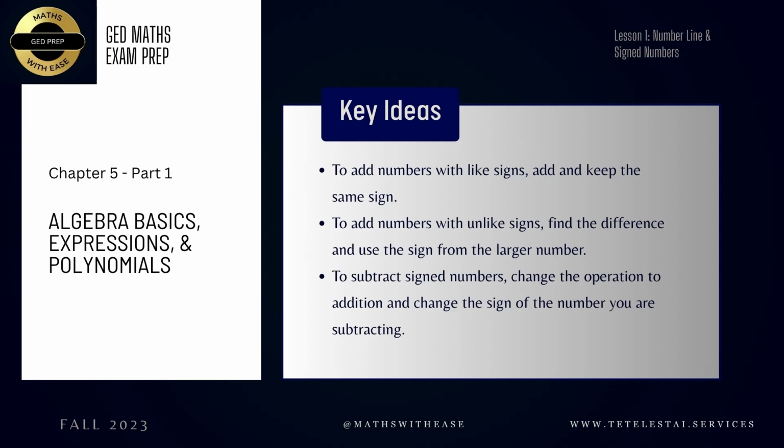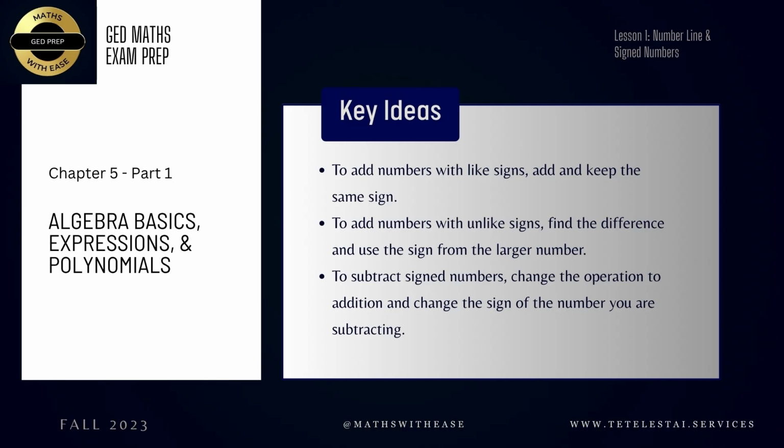So we're going to start with the number line and signed numbers. To add numbers that have similar signs, you simply add them as we've seen in the earlier lessons and keep the same sign. So there's nothing brand new about that. To add numbers with unlike signs, I want to find the difference and then use the sign from the target number.